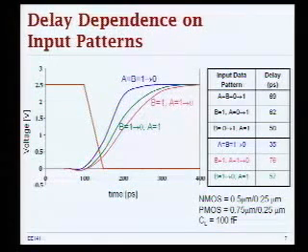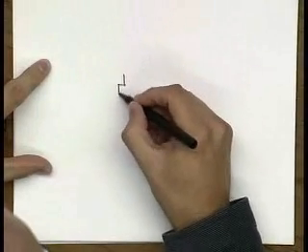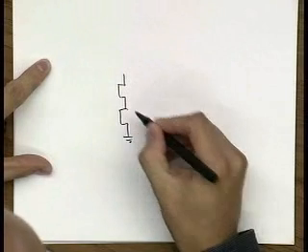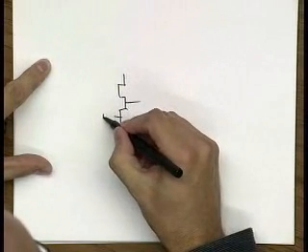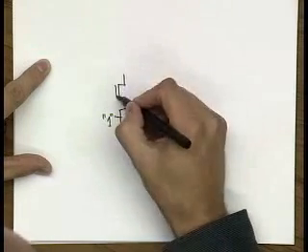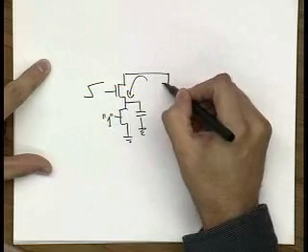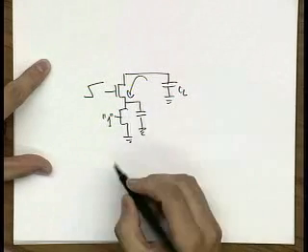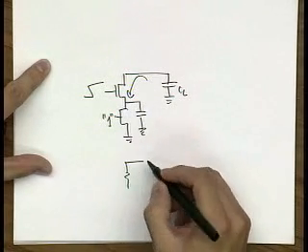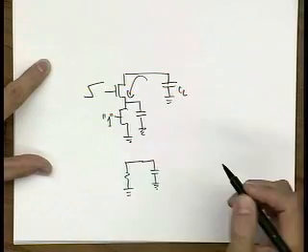Let me illustrate that real quick. For the high to low, if this was at 1, this capacitance was discharged, and when this one goes 0 to 1, it will only have to discharge the load capacitance, and this is going to be really fast. So this is virtual ground, and then you have CL.